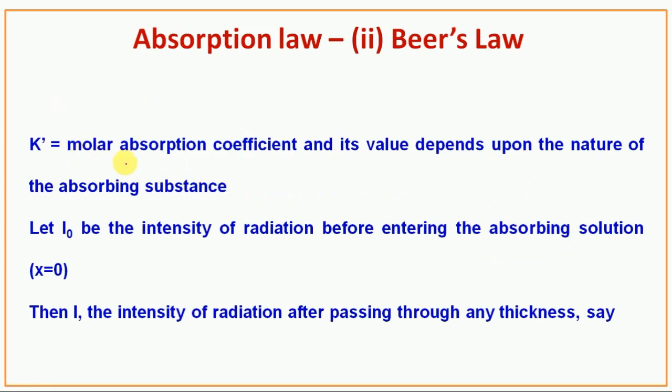K prime is the molar absorption coefficient and its value depends upon the nature of the absorbing substance. Let I naught be the intensity of radiation before entering the absorbing solution, at x equal to 0.